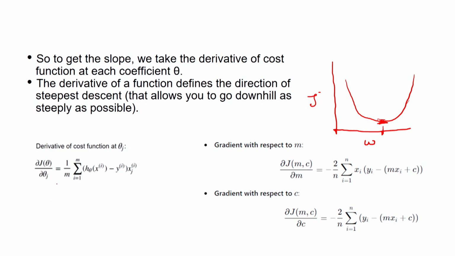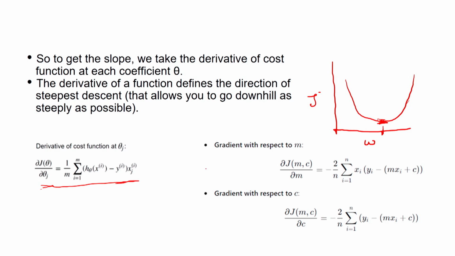When we take the derivative of the cost function with respect to theta j, this is written for the jth parameter, but it will be done for each and every parameter, and then when we take the derivative, we will get this expression.